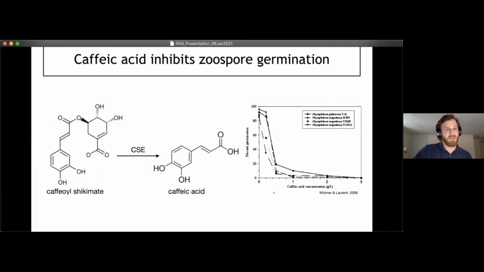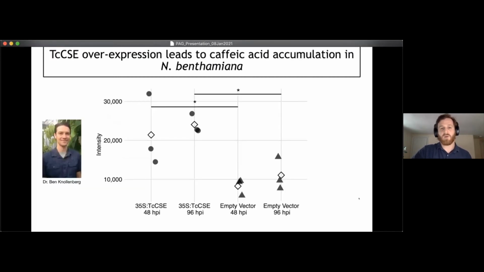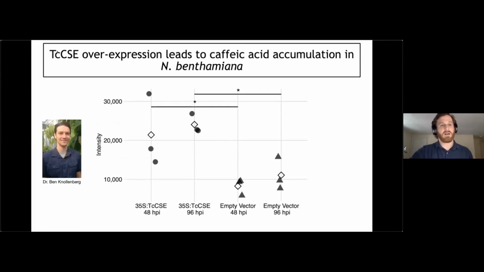So it's immediately an interesting target. With that in mind, Ben and I set out to perform several experiments to characterize CSE and its importance in this cacao Palmivora interaction.